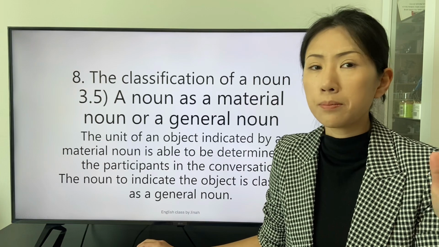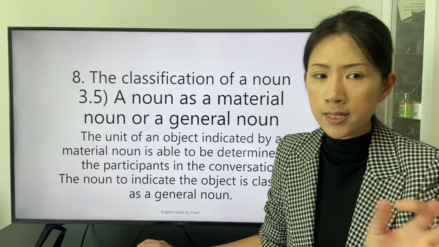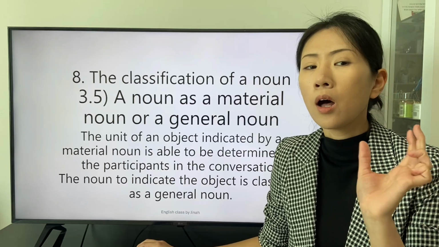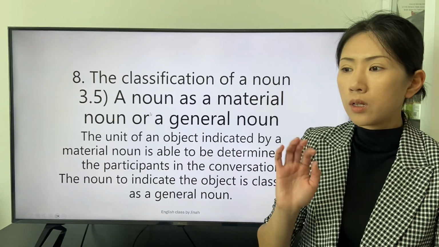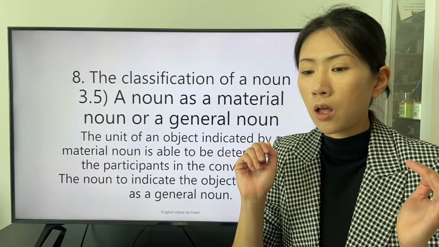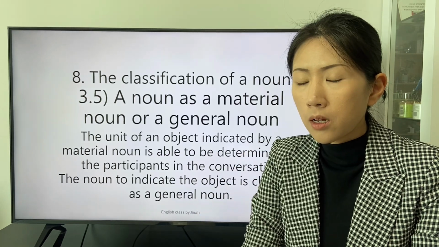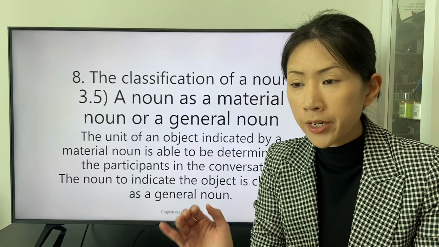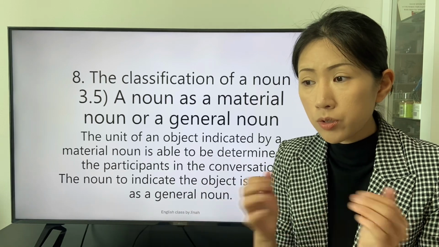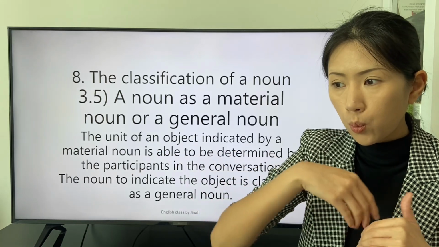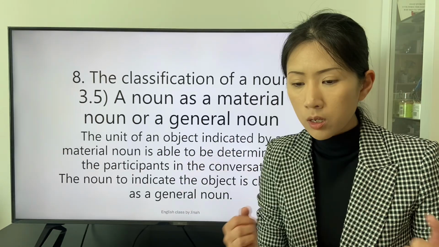There is an exemplary noun that is classified as a material noun or a general noun. Let's think about a pizza and a cake. A baker cooks a pizza as an entity.